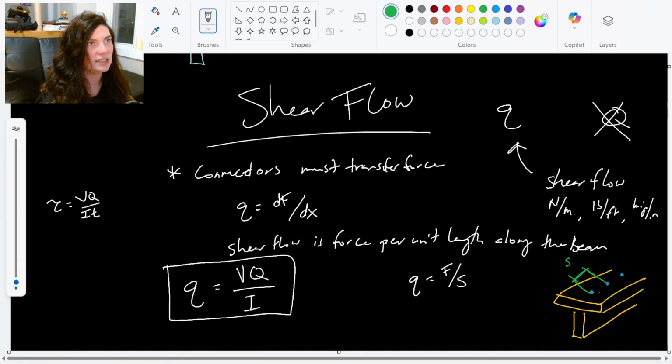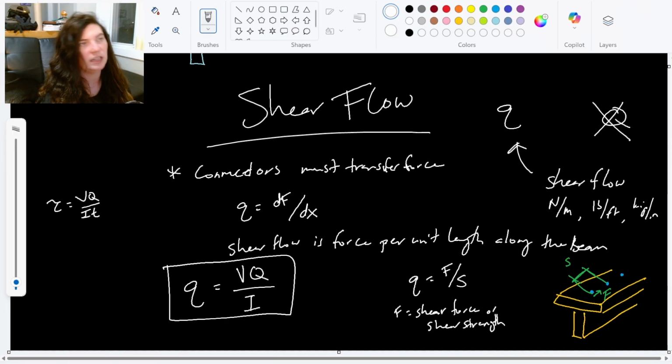And F is the amount of force that the bolt is getting. They call it shear force a lot of the time. You'll hear it as shear strength. So F sometimes you'll see as shear force. It's not the same as V. Shear force or shear strength. It is the shear force through the bolt or fastener or nail, whatever fastener you're using. It is the force supported by the fastener.